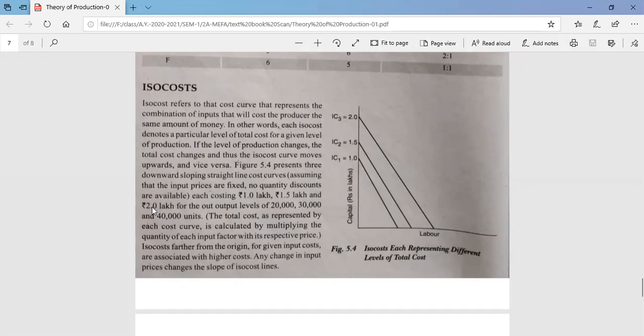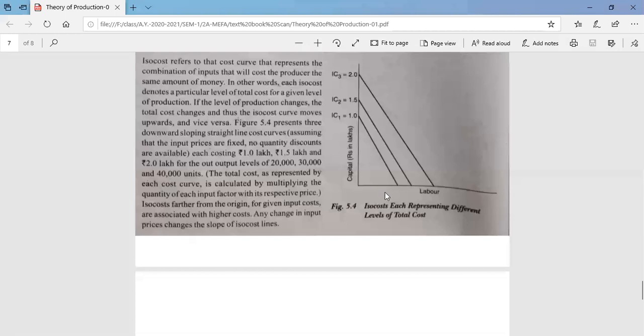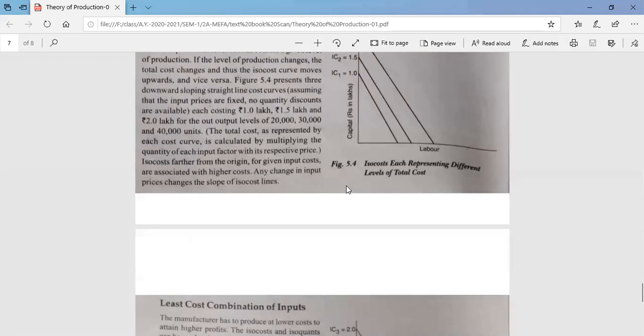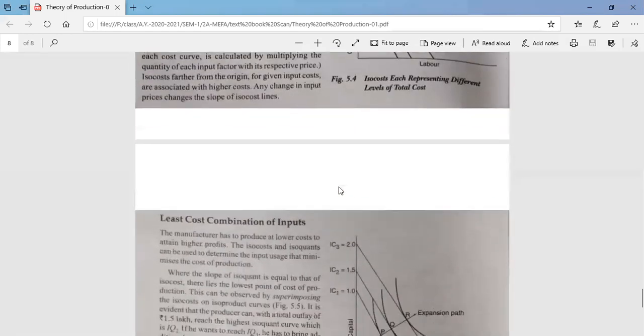Okay. So the labor is varying. Okay. That is ISO cost representation.